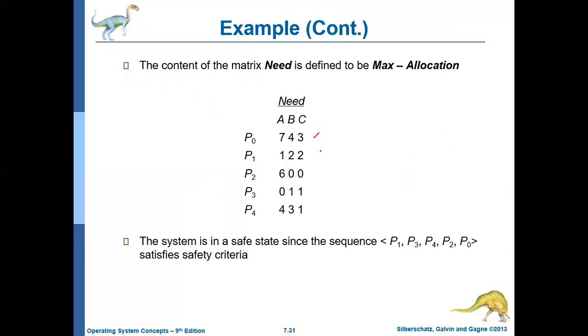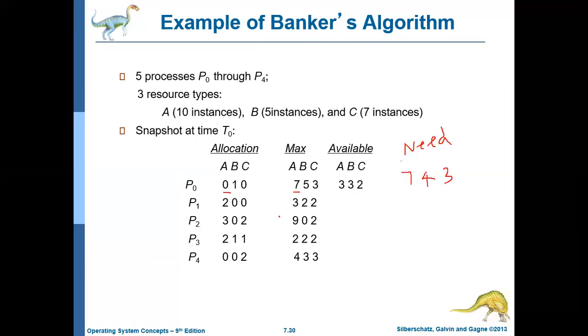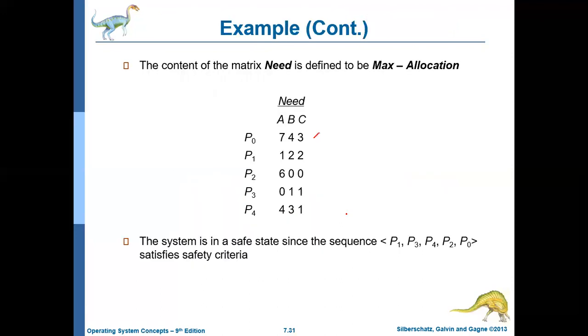Like that, you can calculate the need for the other processes also. So the need for P1 is 3 minus 2 is 1, 2 minus 0 is 2, and 2 minus 0 is 2. So it is 1, 2, 2. Like that, the need vector is calculated. Now let us check whether this is a safe state or not.